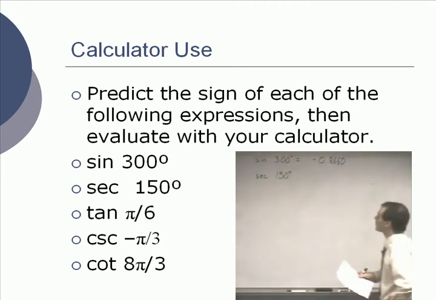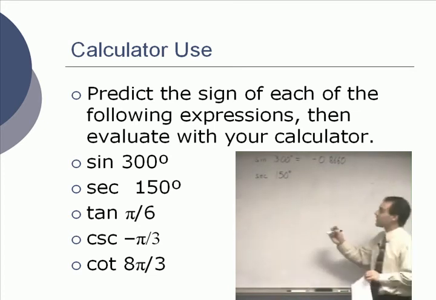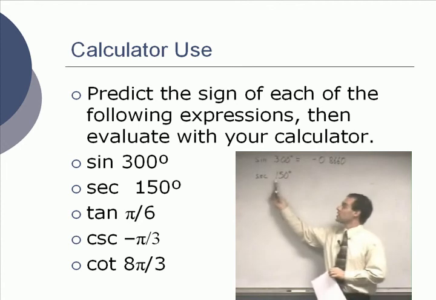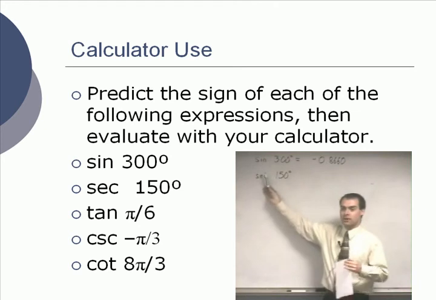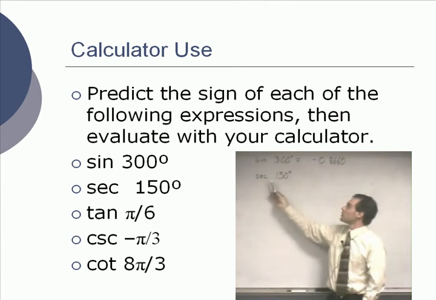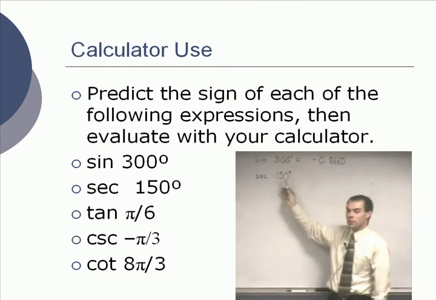Secant of 150 degrees. Now, when you consider the sign, positive or negative, these three other trig ratios have the same sign as their partners. So what's the partner of secant? Its partner is cosine. So it's always going to have the same sign as cosine. So secant of 150 degrees, we're in quadrant 2. Is cosine positive or negative in quadrant 2?